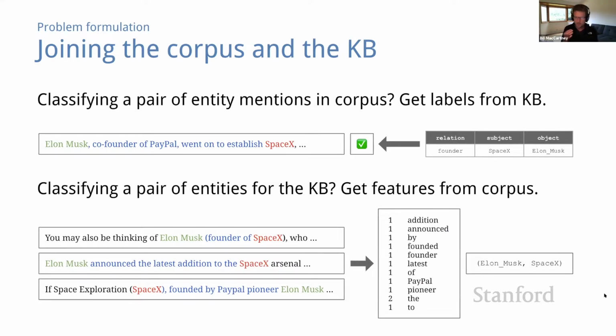So in this example, I'm imagining, it doesn't have to be this way, but I'm imagining that we're using a simple bag of words feature representation. The bag of words comes from the middle, that is, the phrase between the two entity mentions, the blue phrases here. And all I've done is count up the words in all of these blue phrases across all of the examples in the corpus where these two entities co-occur.